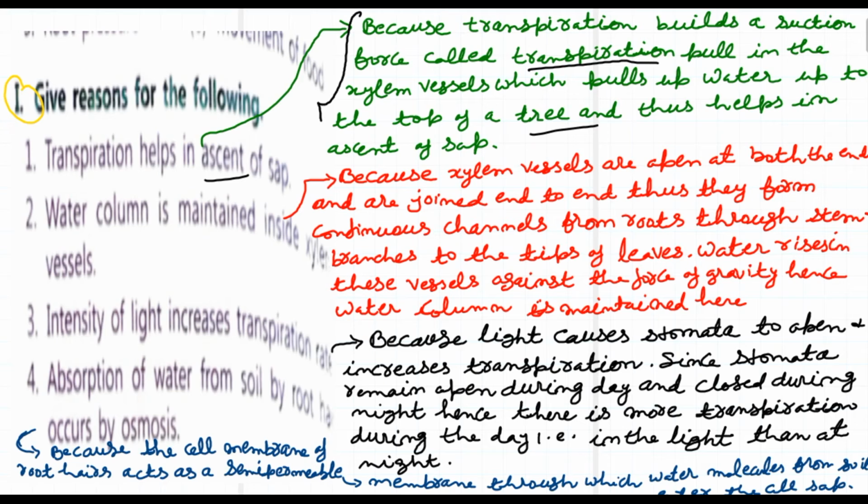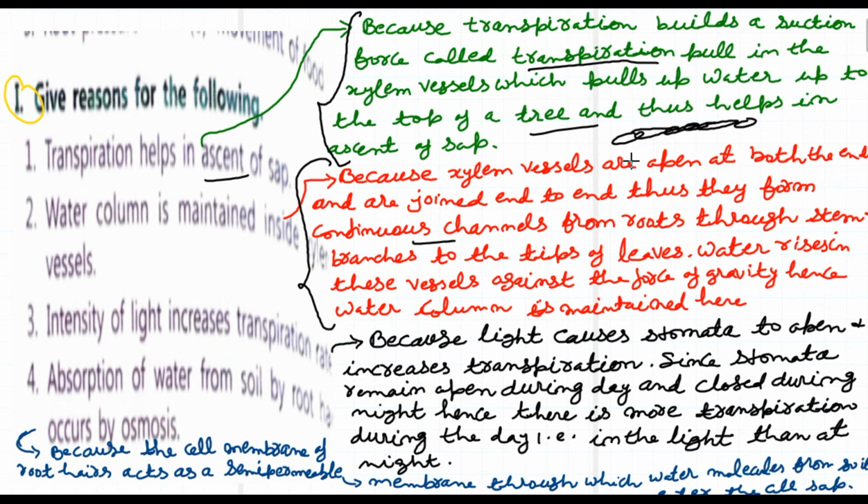This is the answer to this question. So next is: water column is maintained inside xylem vessels. What is the reason? Because xylem vessels are open at both ends and joined end to end, they form continuous channels.